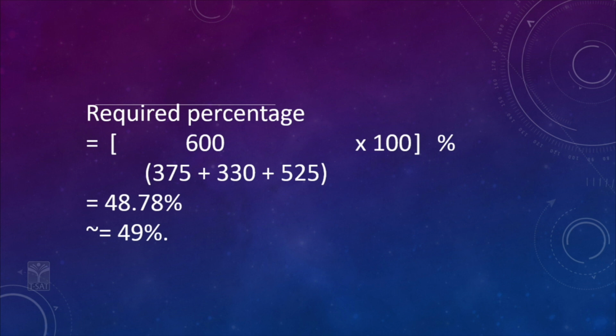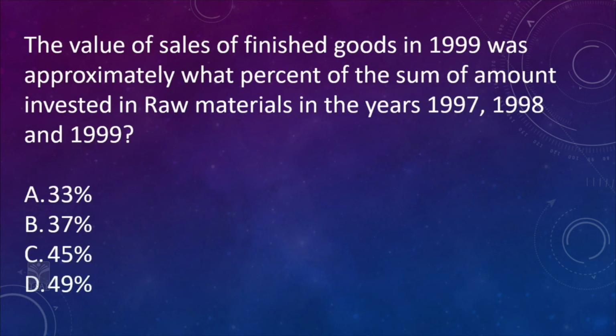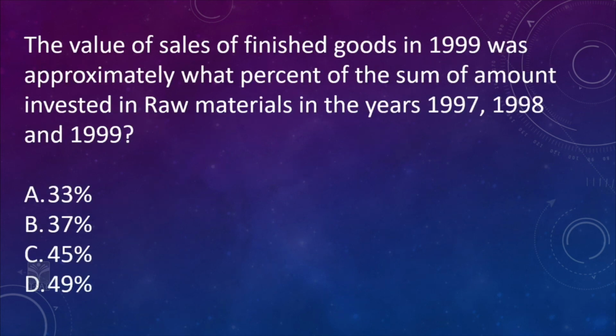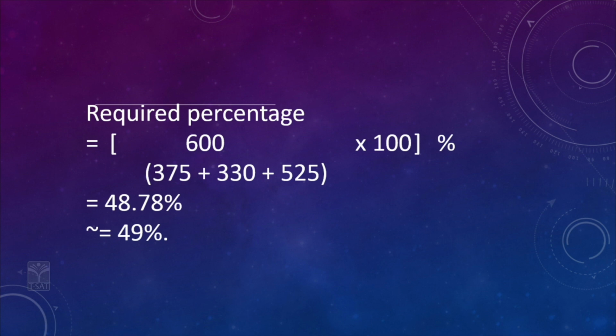So, the required percentage: 600 is the value of sales in 1999, correct? Okay. And in 97, 98, 99, the invested values are 375, 330 and 525.